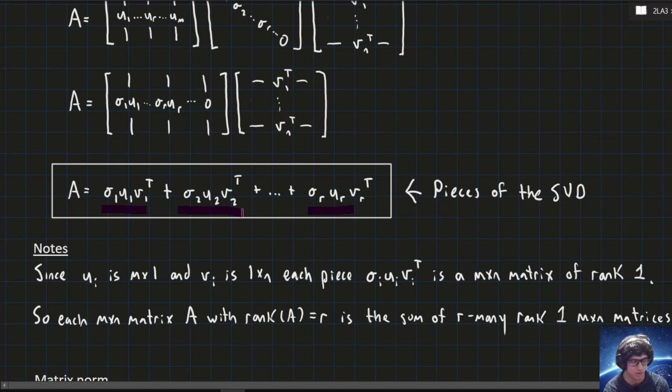So what can we say in total? Every m by n matrix has a singular value decomposition, so it can be written as pieces like this. Each m by n matrix A with rank R is the sum of R many rank 1 m by n matrices. That's a very nice observation we get out of this.